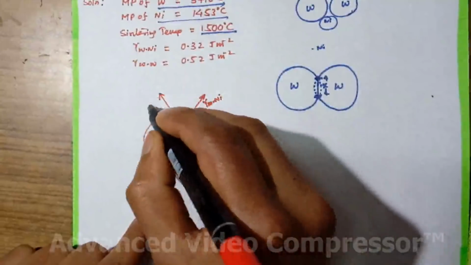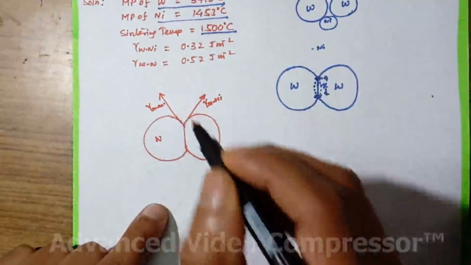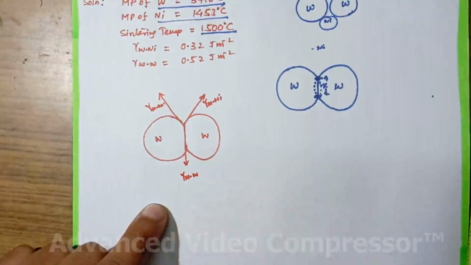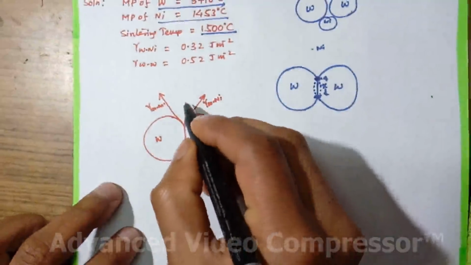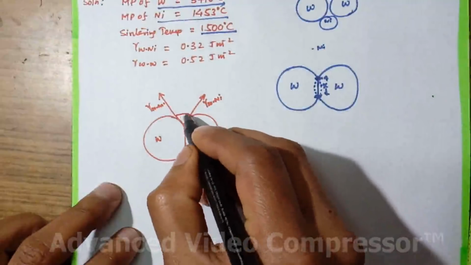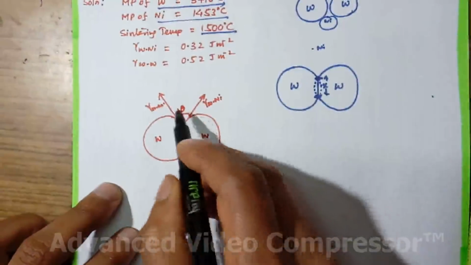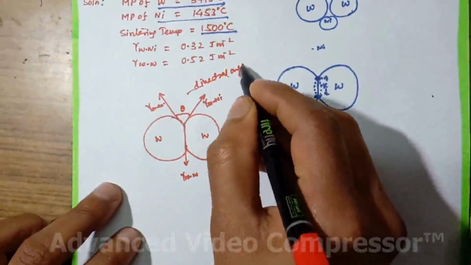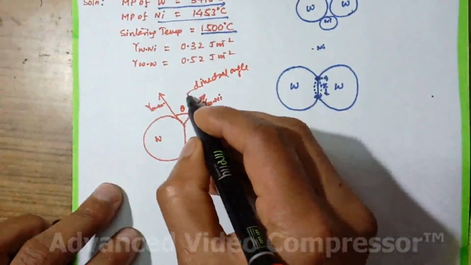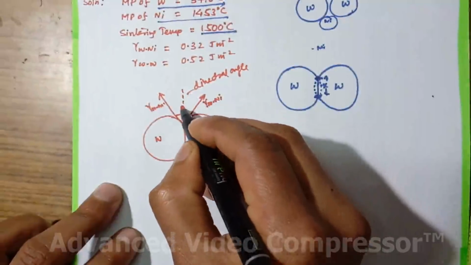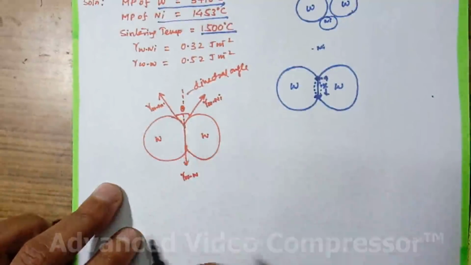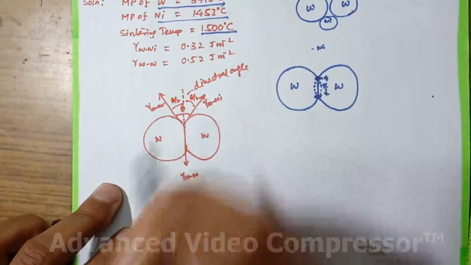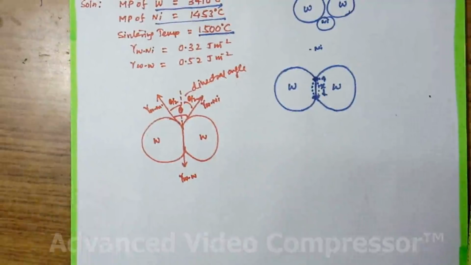Here also gamma tungsten-nickel, and this contact surface is tungsten-tungsten. This will make an angle known as theta, and this is known as the dihedral angle. If you draw a straight line, then this angle will be theta by 2, and this will be theta by 2.